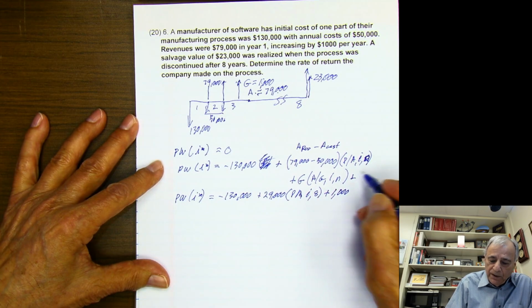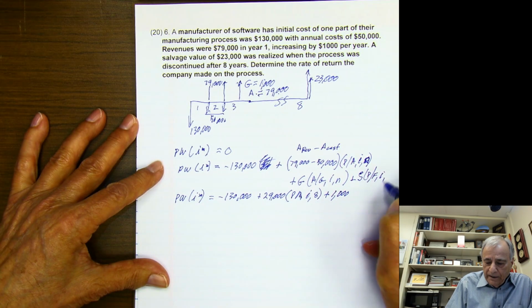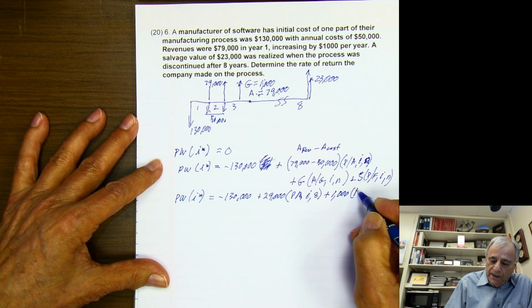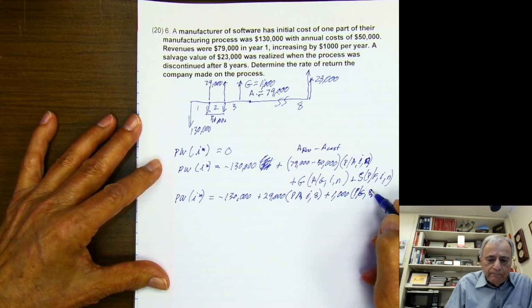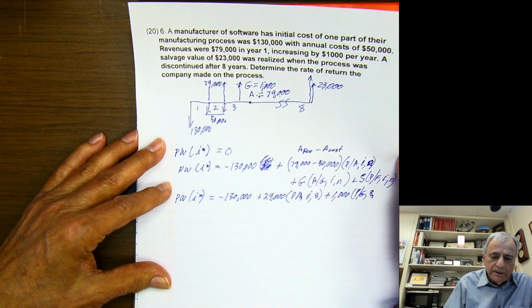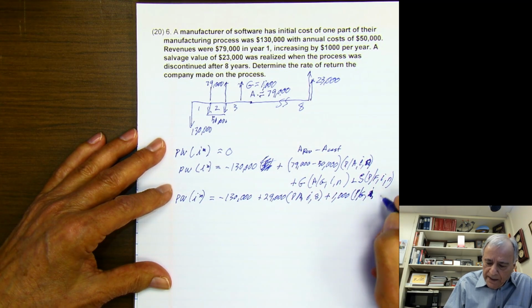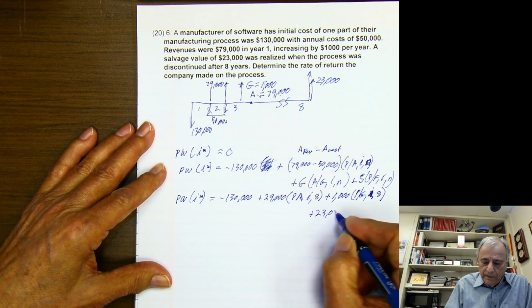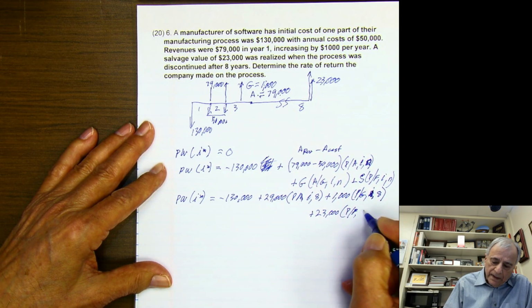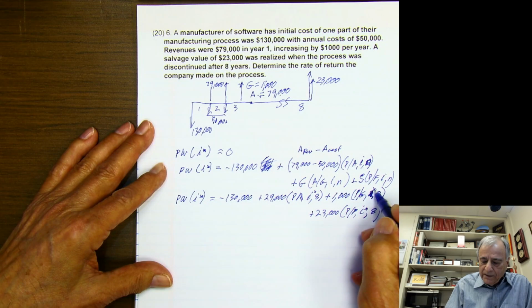I forgot the salvage value, so we'll have to add it in: plus 23,000 P given F, I star, and 8. So everything is I star.